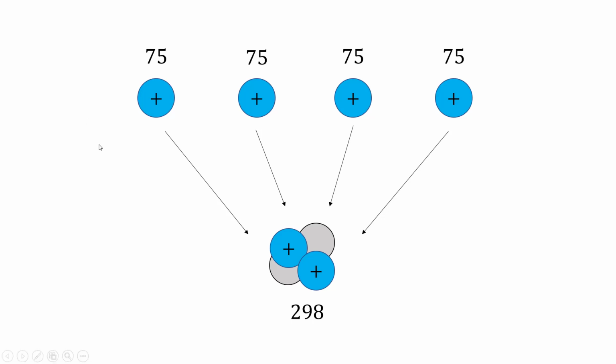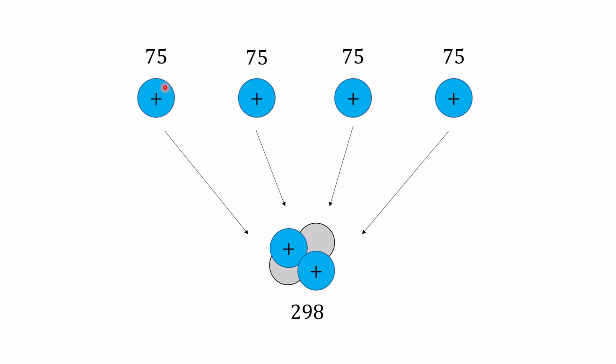Now I'm using a system of units here that I just made up for convenience. But in this system of units, where's my pointer here? Laser pointer. Yeah. Let's assign each of these protons a mass of 75. So obviously that's not kilograms or grams or any other unit that you're familiar with.